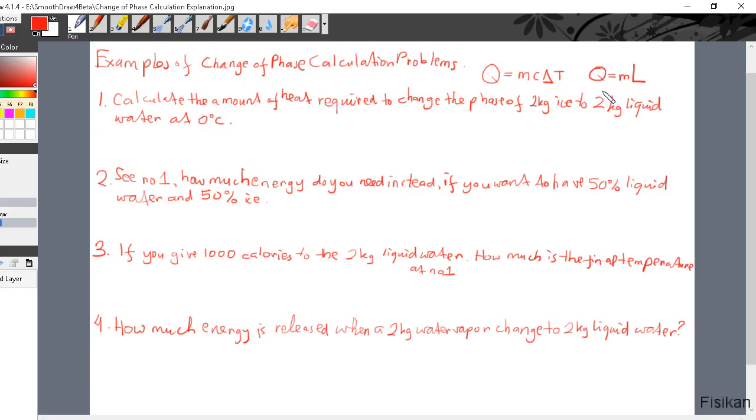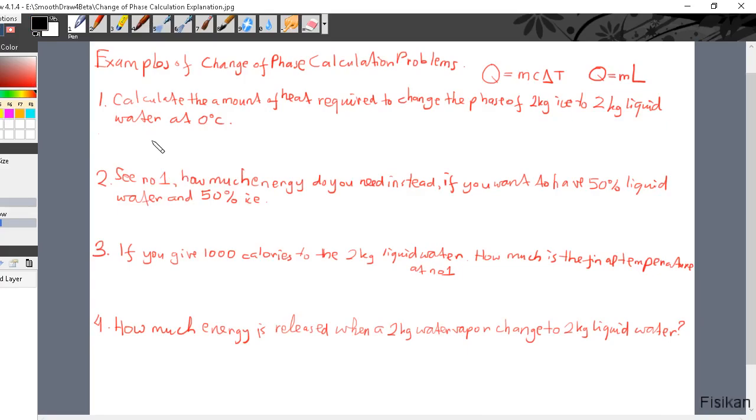So all these problems here are very basic ones, and I think that you can easily understand the explanation of these examples. Okay, I will use the black ink here.